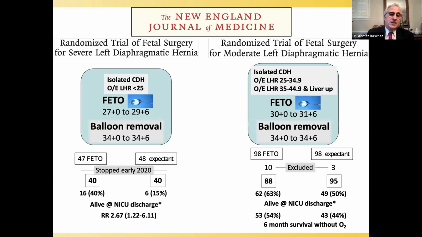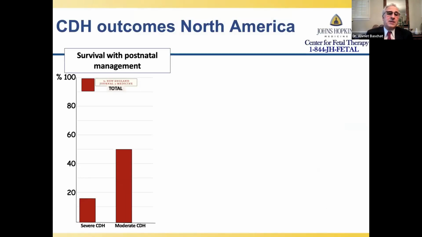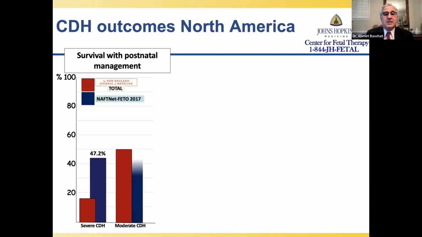And although there's a statistically significant difference in survival, there are also some significant differences in the care of CDH patients in the US compared to Europe, where this TOTAL trial was done. And so generally, I'm happy to say we can tell our patients that in centers where you have integrated CDH programs, the survival without fetal therapy in the US is significantly higher compared to what was found in the TOTAL trial.